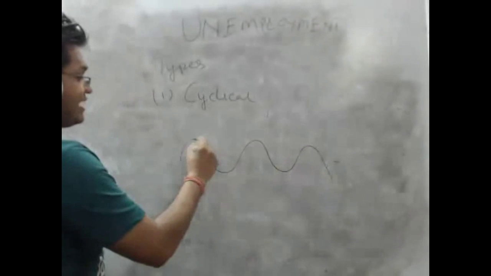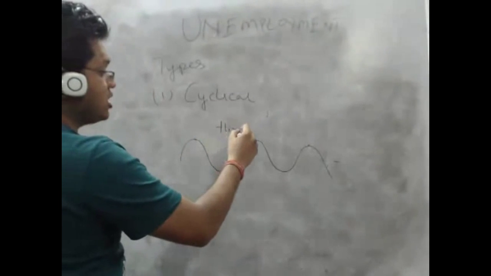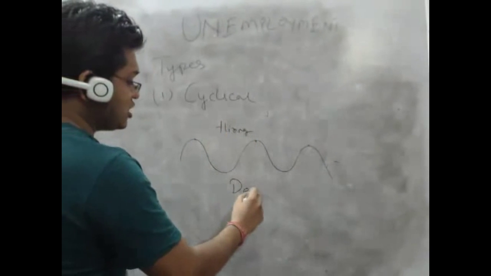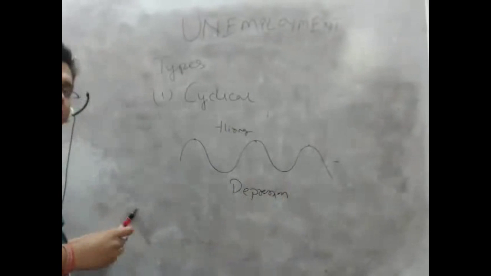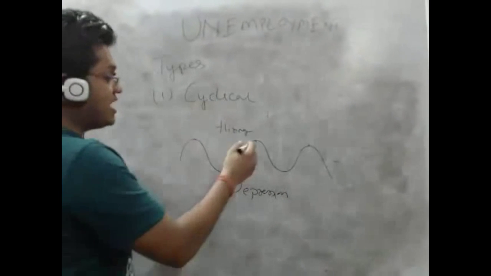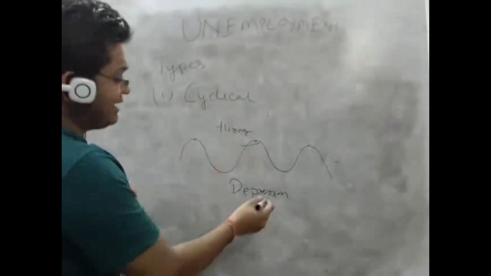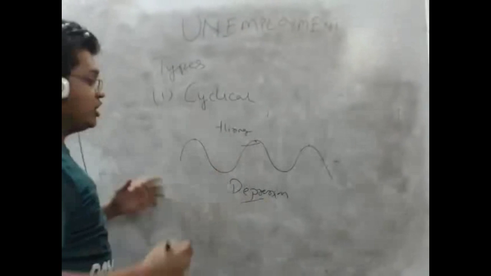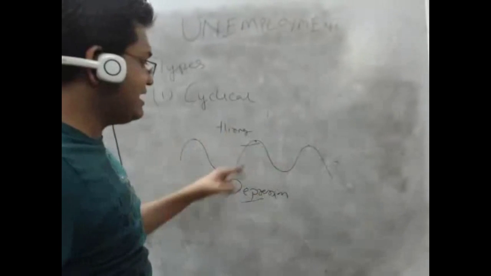Now when you are at boom, your hiring is more. When you are at depression, your hiring is less. As a result of this, there will be some part of the population that will face cyclical unemployment. When there is boom, more people are hired. In depression, there will be some layoffs. This business cycle is evident and it will happen. The business cycle keeps on going.